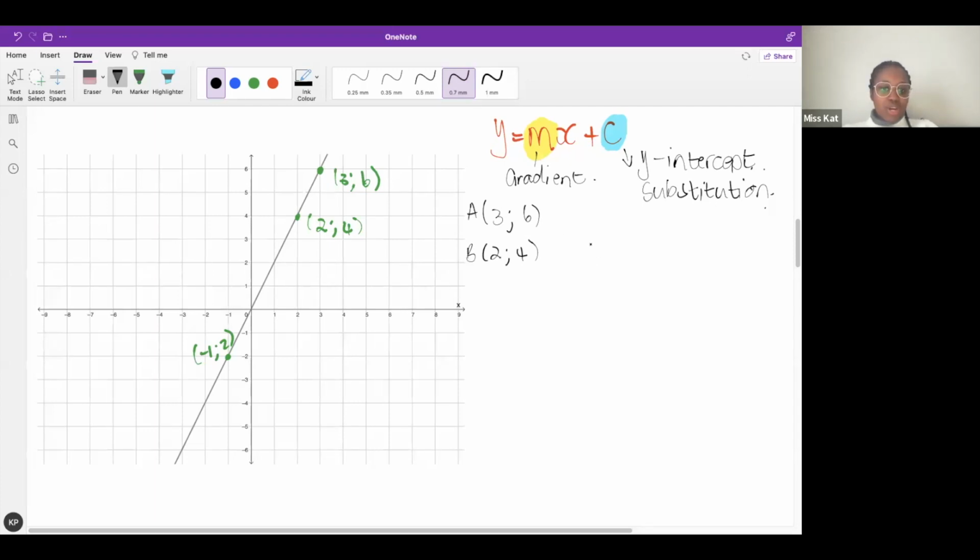How do we work out the gradient again? Oh, this was -2. Thanks, Tando, for pointing that out. That was a -2, not a 2. Who remembers how we work out the gradient?